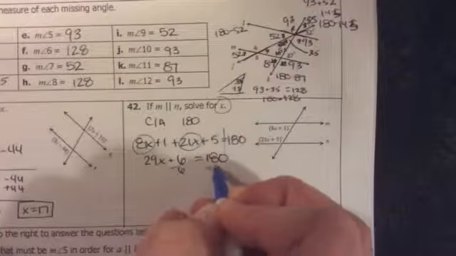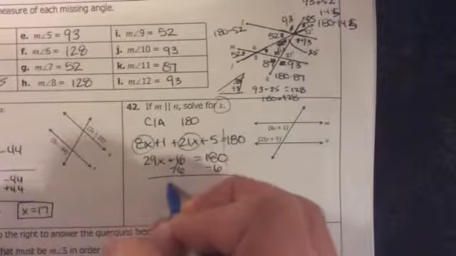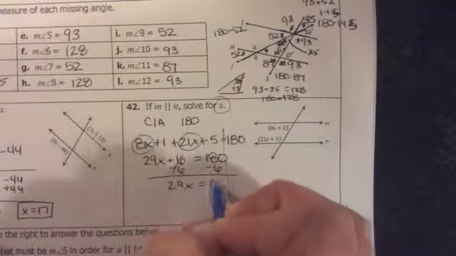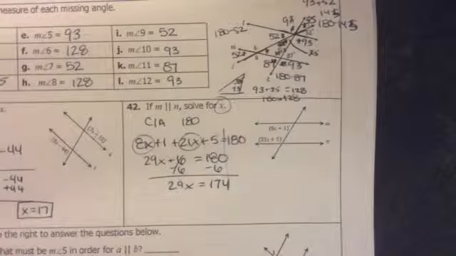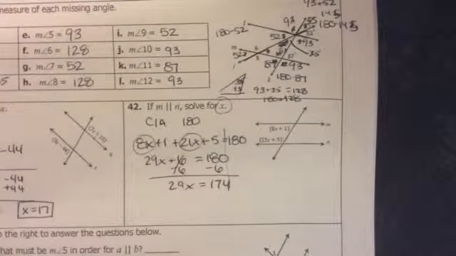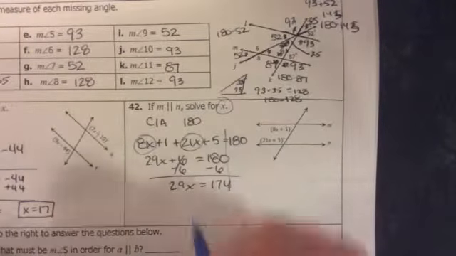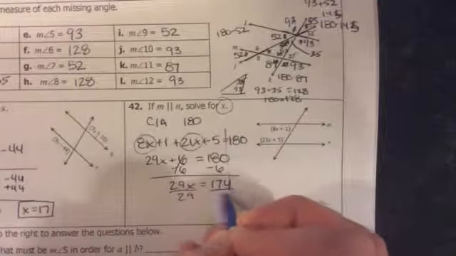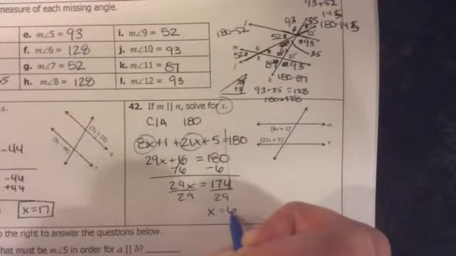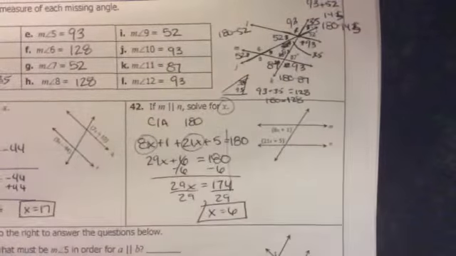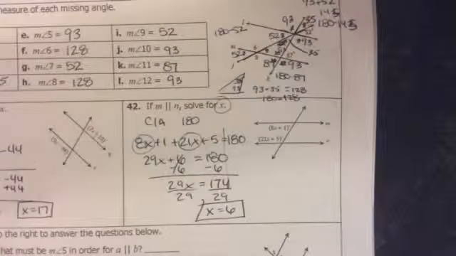Take away 6. 29x equals 174. And then I'm going to divide. That's going to get me 6. And again, it said solve for x. I'm all set with my answer there.